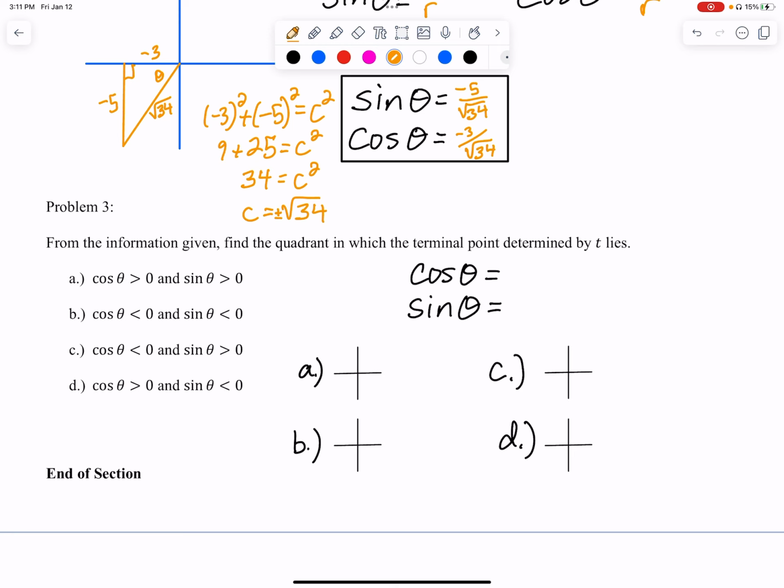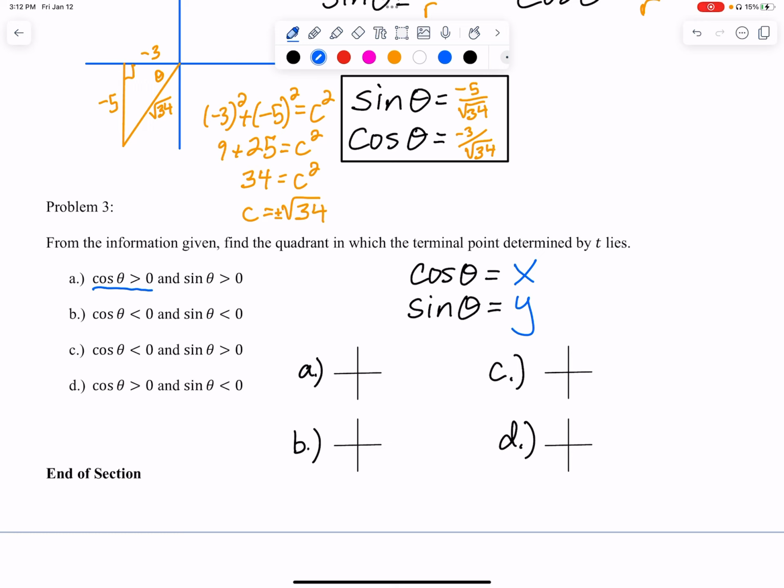a look. Okay, they want us to just figure out, given these positive negative rules, what quadrant does our angle land in? Okay, so we can talk about cosine and sine. We're dealing with unit circles. Cosine is x, sine is y, like normal, didn't change. So this says cosine is greater than 0. Well, if cosine is x, that means in my quadrant, the x's have to be greater than 0.